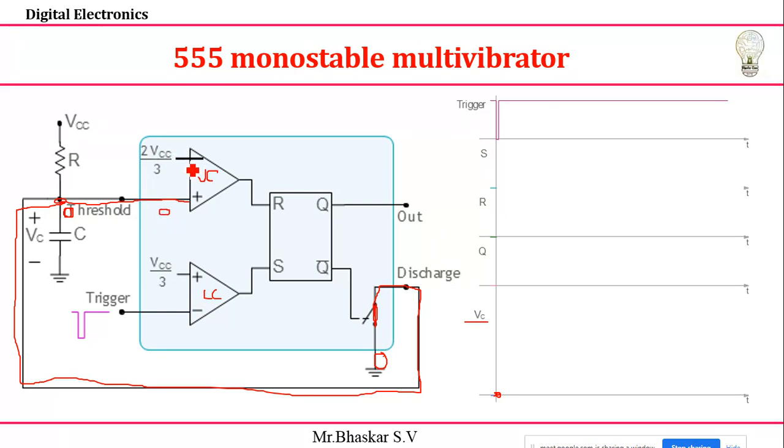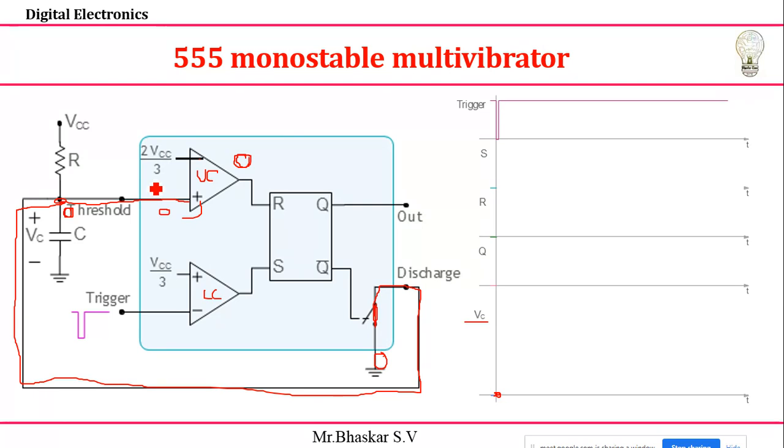Then what is the output we are getting here? Zero, because the positive value is very less compared to the negative value. Then the output is 0, which means the R value is 0. These are the initial conditions.